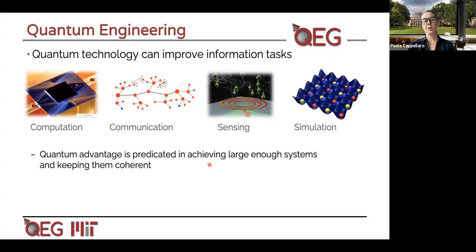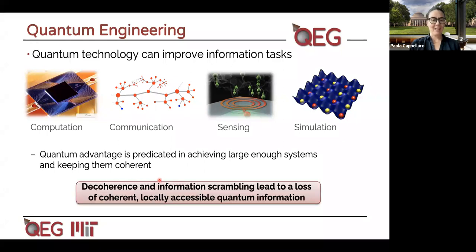But to do that, we want to really have very large quantum systems and keep them coherent so that entanglement, coherence, etc., are of a size where advantages start to become evident. There's, of course, a challenge there, which is decoherence and also information scrambling, which leads to a loss of the ability to look at coherent, locally accessible quantum information.